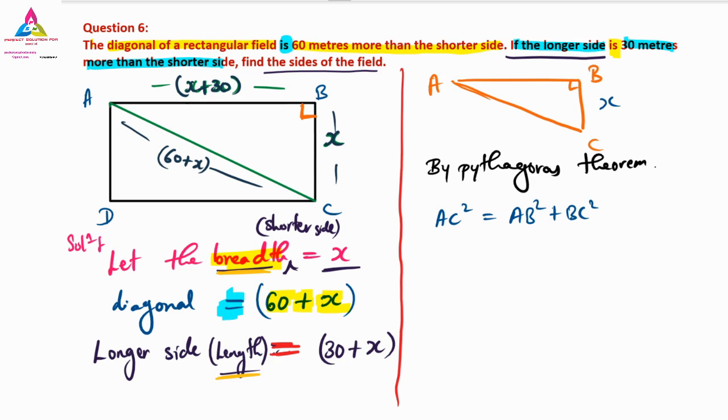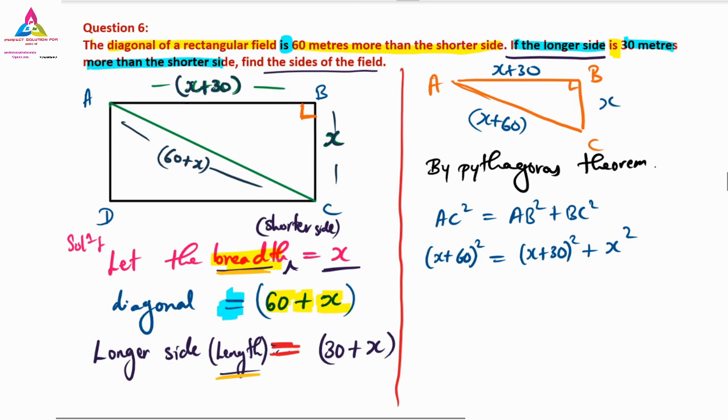Here BC is x, AB is x plus 30, and AC is x plus 60. So x plus 60 the whole square equals x plus 30 the whole square plus x square.